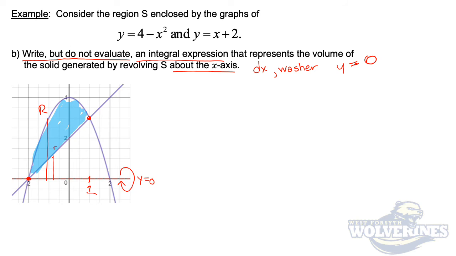So that gives you big R. So big R here is going to be 4 minus x squared minus 0, right? Because the bottom is y equals 0. Oh, man, so great. Don't we love the x-axis? It's the best. Little r comes from the other curve, okay? So that would be this x plus 2 minus 0.